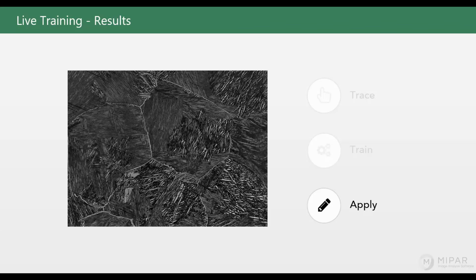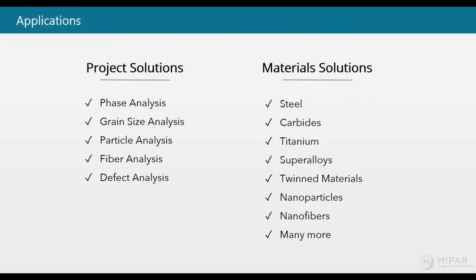So I wanted to finish with an overview and a reminder of just a few of the different project and material solutions that we have offered. Again, this is just a portion of the list, but you can break it down into the different types of analysis that you might want to do, or you can break it down by the different types of materials on which you want to perform that analysis.